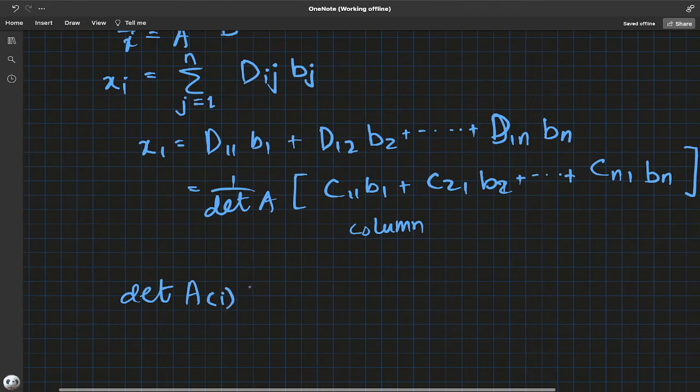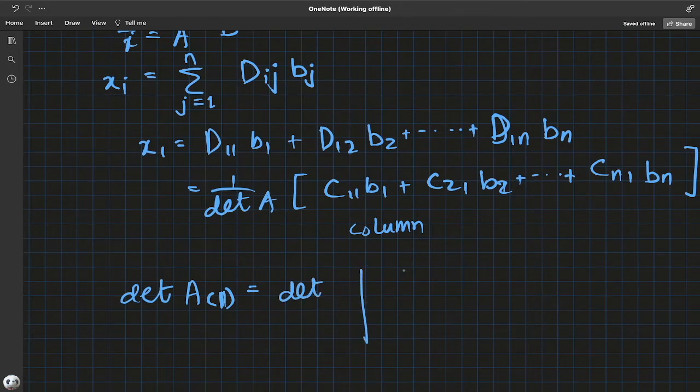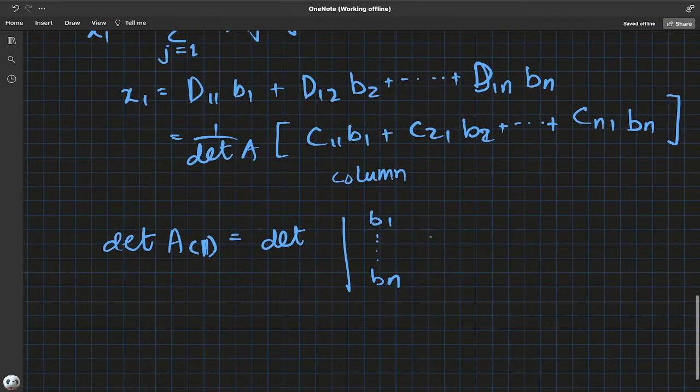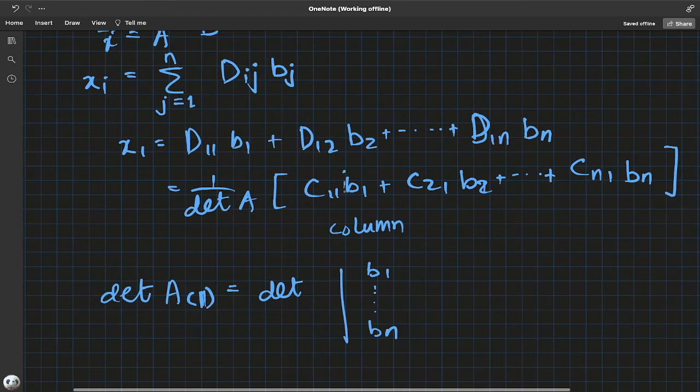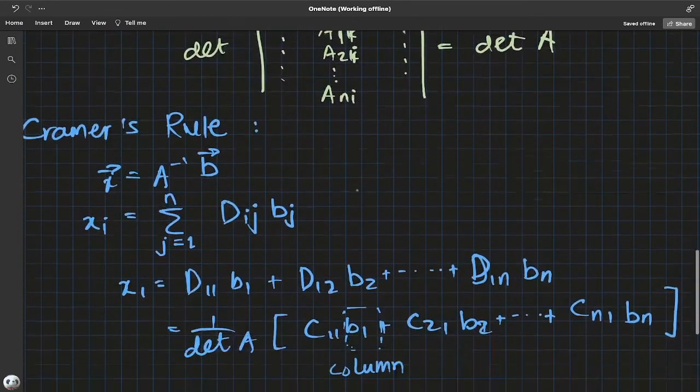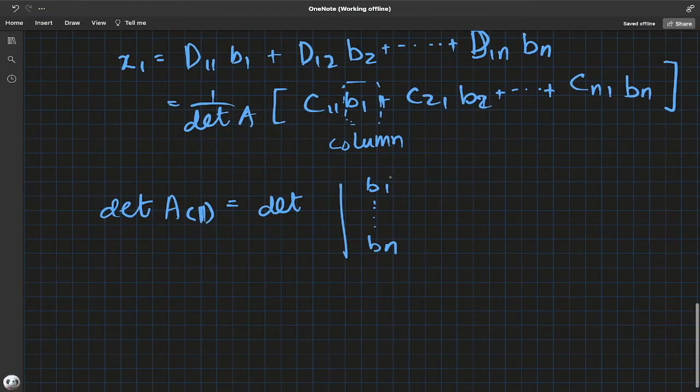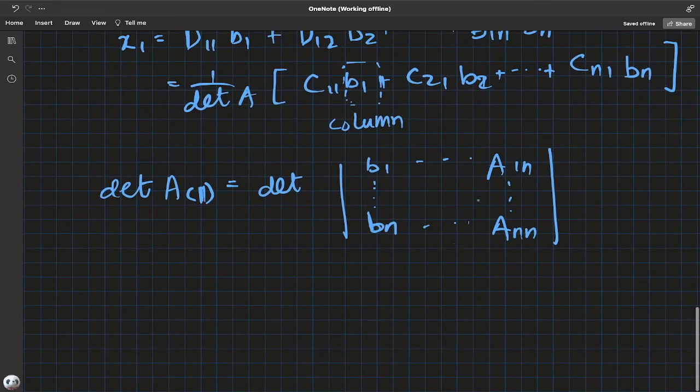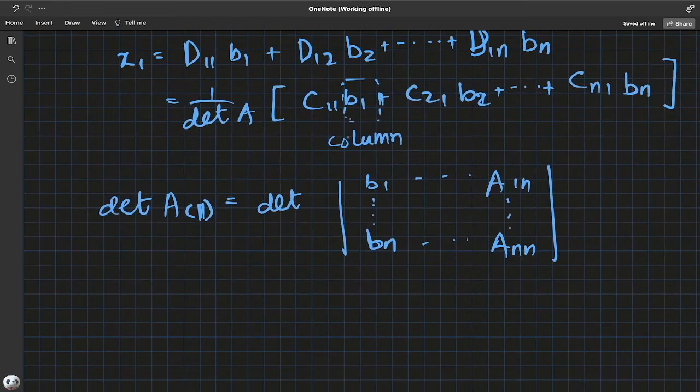Let's call it A sub i, because we're replacing the ith column, or for 1, A sub 1. The determinant of b1 through bn. So we replace the entire first column of the original matrix A with these entries b, because it's already a column vector. You just take all of those and replace the first column by them. Everything else remains the same, and that's for i equals 1.